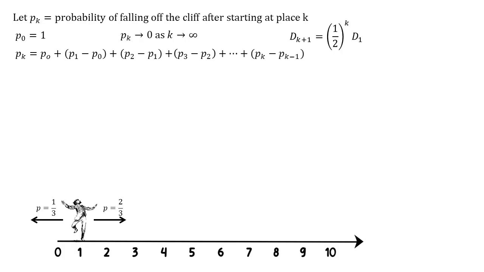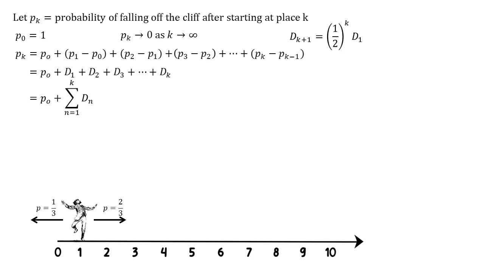And the reason we've done this, as I say, is we know what p0 is, and all of our brackets we can replace with d's. So pk is going to equal p0 plus d1 for the first bracket, d2 for the second bracket, and so on, all the way up to dk. Now this is just a sum, so we've got p0 plus the sum from n equals 1 to k of dn.